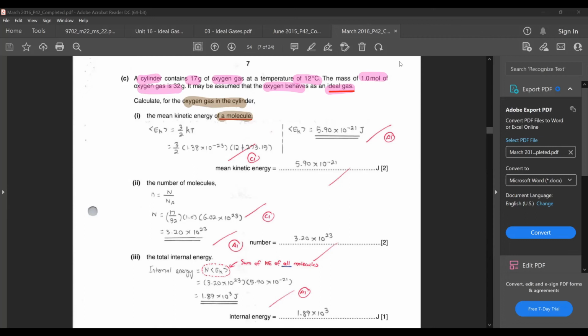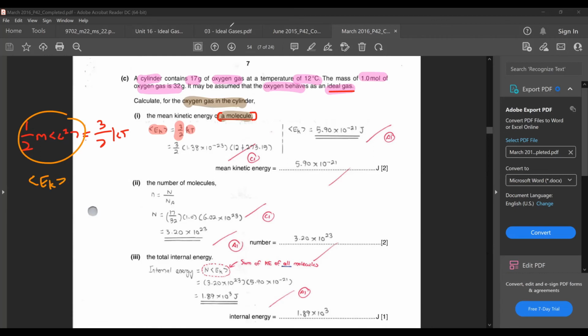Keyword: what is the kinetic energy of a molecule? For this one, you can just make use of what you just did. You know that Ek is 3 over 2 kT, because just now you found this, right? Half mc squared is 3 over 2 kT, where this is Ek.